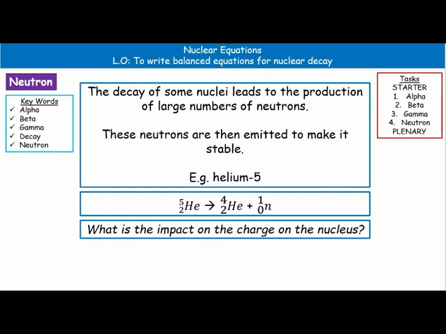So we start off with helium-5, so the mass number is 5, atomic number is 2, and it's going to form helium-4, so the mass number is 4, the atomic number is 2, and it's also going to emit a neutron, okay? So the symbol for our neutron is a lowercase n, remember, mass number 1, and its atomic number is 0. So what I want you to do is write down those points and then have a go at answering the question at the bottom on what is the impact on the charge of the nucleus. So I'm going to give you a couple of minutes to get that done.